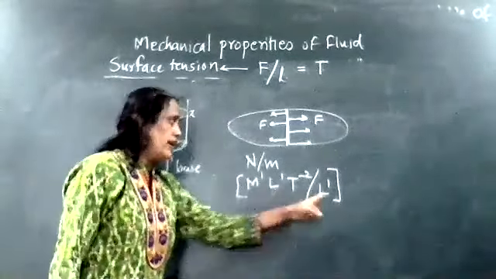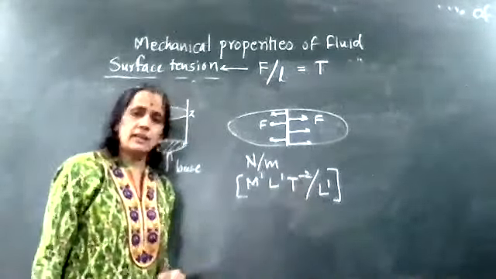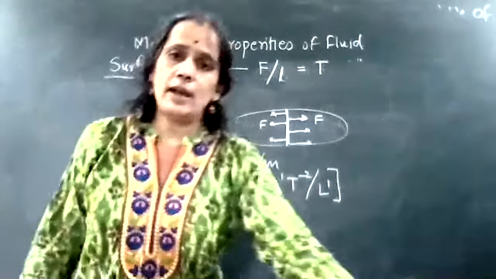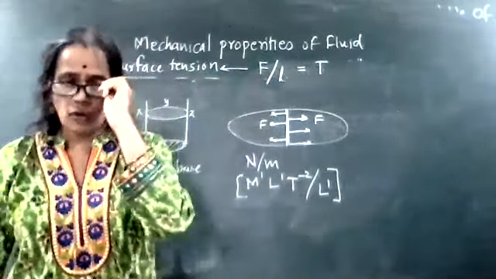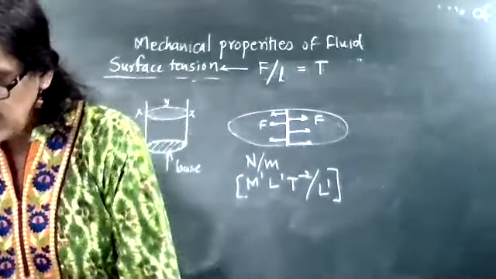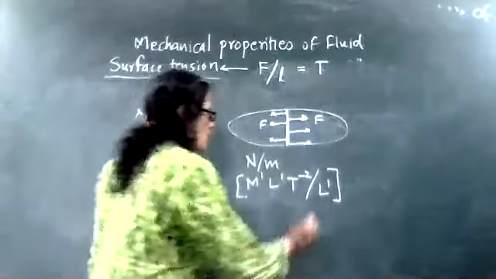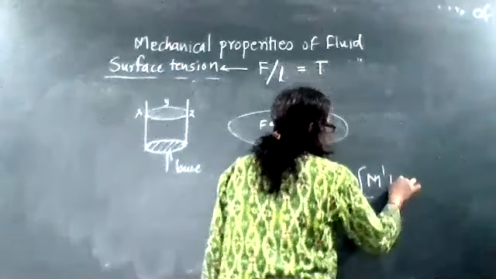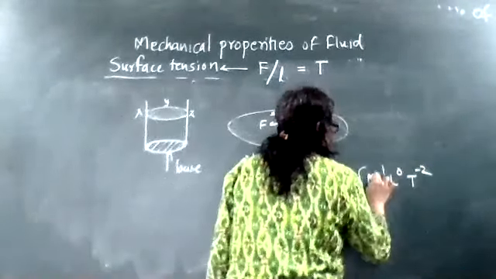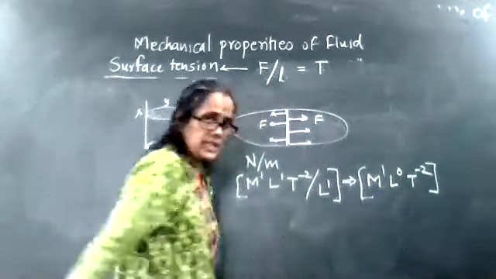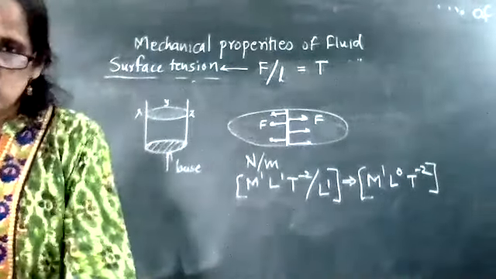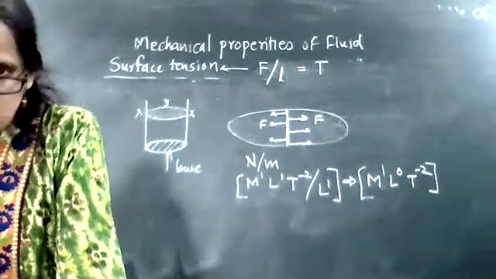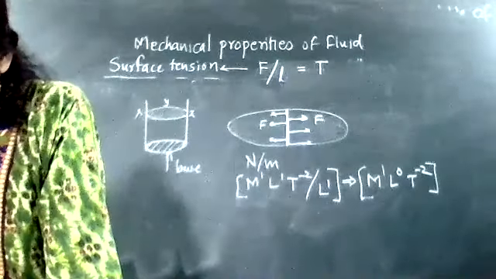So the L raised to 1 and L raised to 1 get cancelled, and the dimensions of surface tension are M raised to 1, L raised to 0 and T raised to minus 2. Clear? Any doubt?